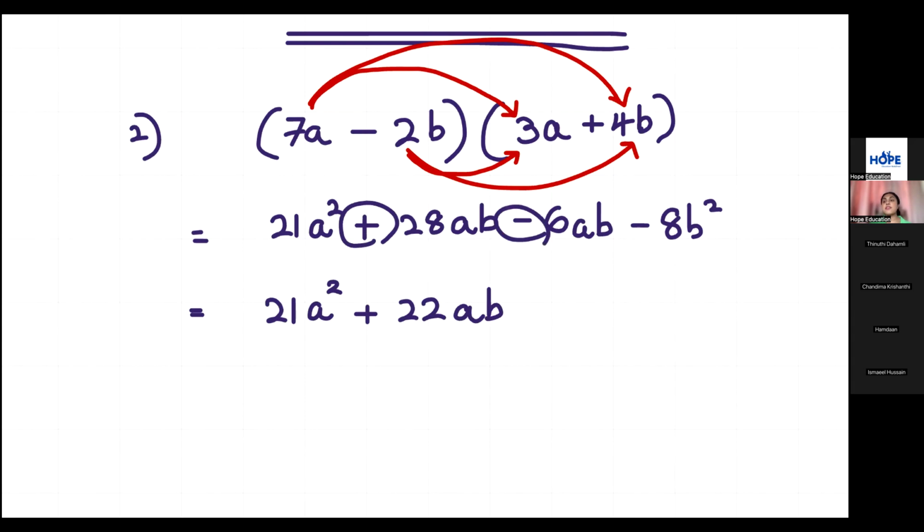When you are subtracting different signs, subtract the small number from the big number and put the sign of the big number. So the big number is 28, the small number is 6. So 28 minus 6 is 22. The sign of the big number, that is 28's sign, which is plus. So I put plus as the answer. Then I have here minus 8B squared.